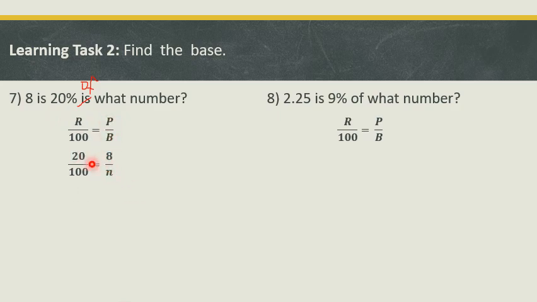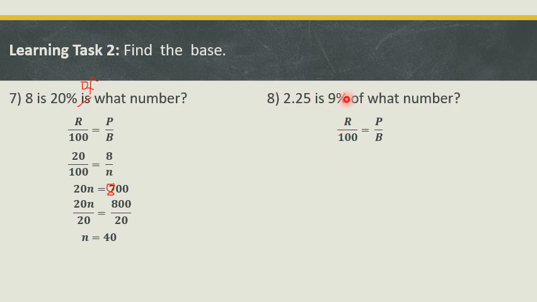So, cross multiply, 20 times n is 20n. 100 times 8 is, ito po ay 800. Then, divide both sides by 20. So, magiging answer natin is 40. 800 divided by 20 is 40. So, 20% of 40 is 8.